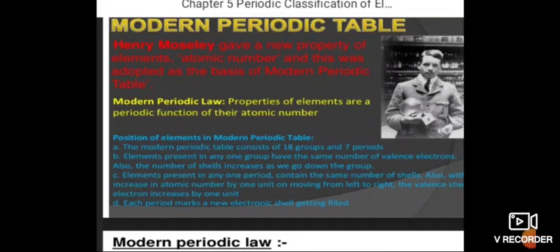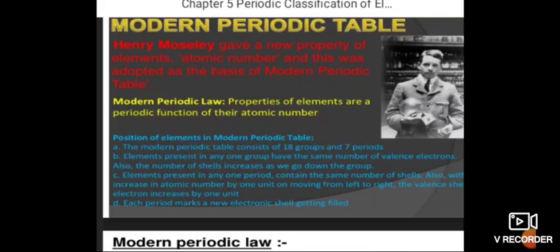Elements present in any one group have the same number of valence electrons. So a group 1 element has one valence electron, a group 2 element has two valence electrons, and it goes on like this. According to the number of valence electrons, the element will be present in the particular group.